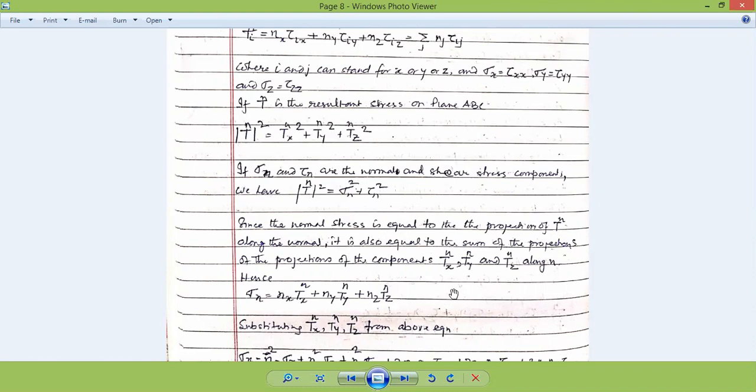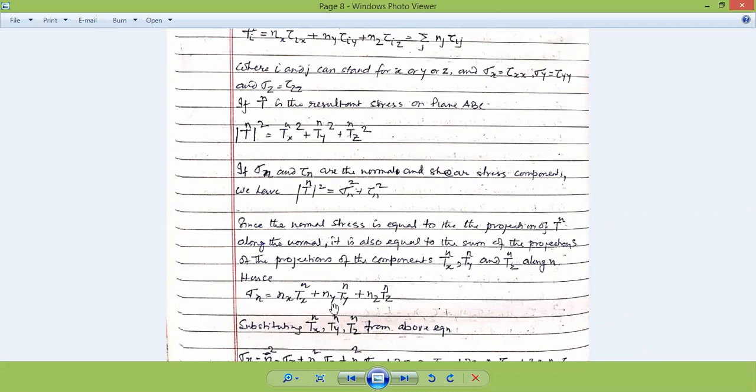How we can do it is like this. The normal stress is equal to the sum of the projections of the components Tx, Ty, and Tz. So sigma n is the projection multiplied by Tx, with the direction cosine, which is the projection along the x-axis.